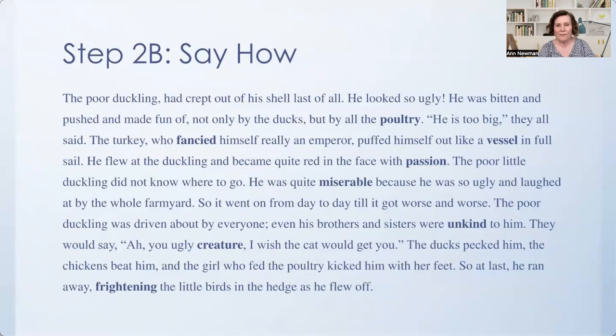So I'm going to guess that passion is the noun form of angry. So it is anger. The poor little duckling did not know where to go. He was quite miserable because he was so ugly and laughed at by the whole farmyard.